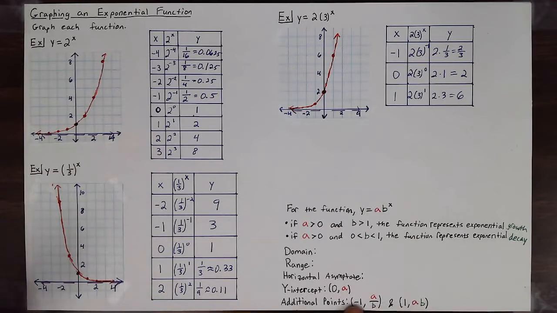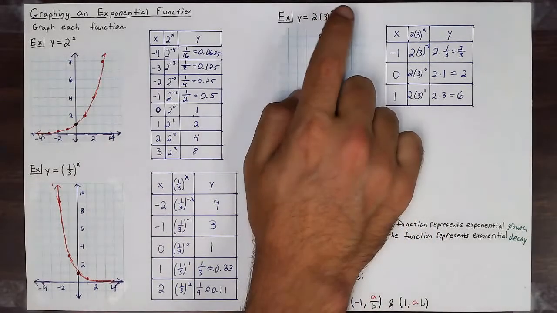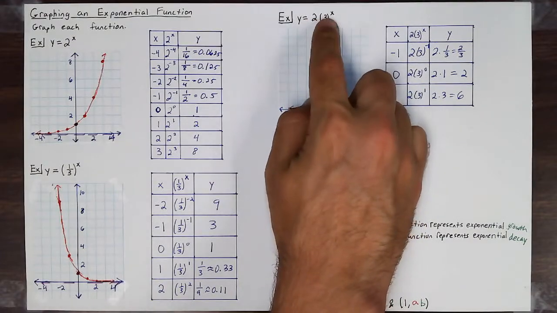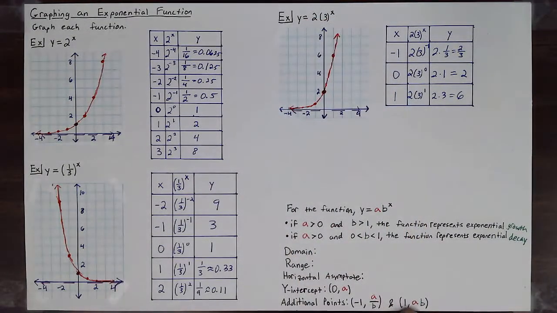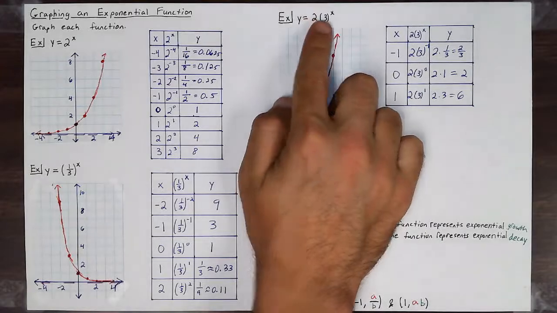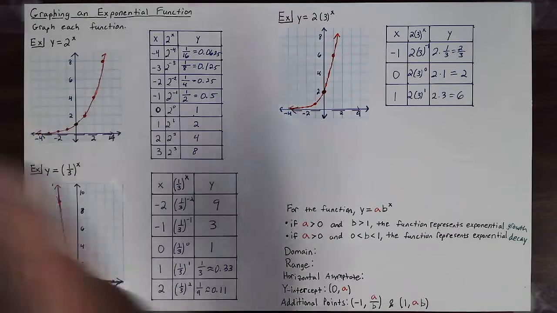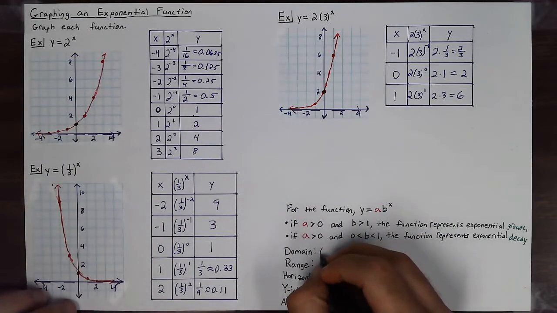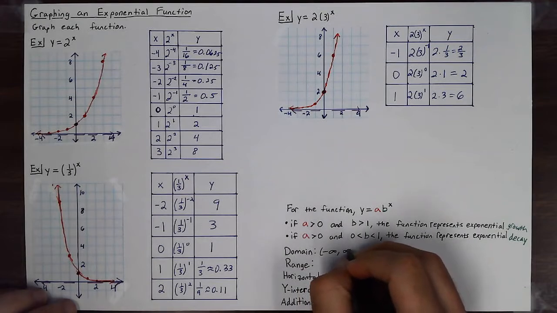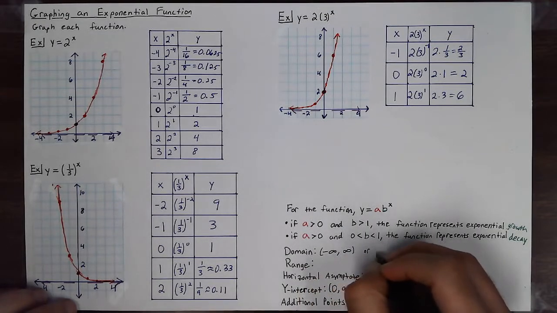When you plug in -1, you just put a over b, which makes sense. You get 2 over 3. And then when you plug in 1, you just do 2 times 3 for the other point, which is 6. And once you have those 3 points, you have enough to make an opinion about the graph. Now, the domain of every exponential function will always be -infinity to infinity, or all real numbers.